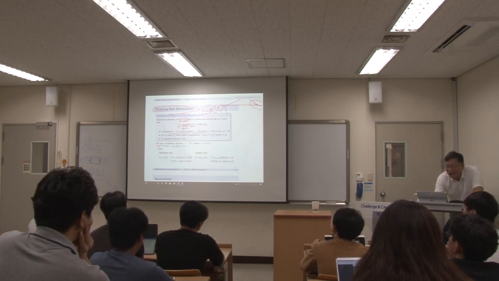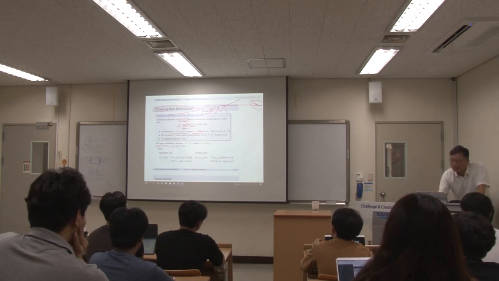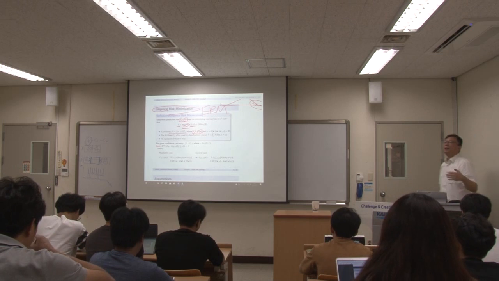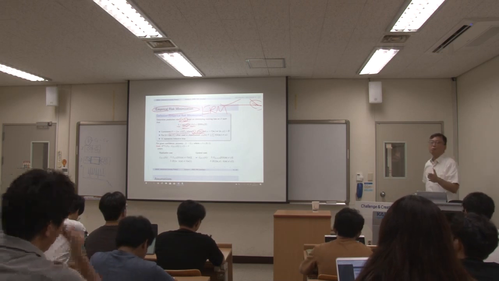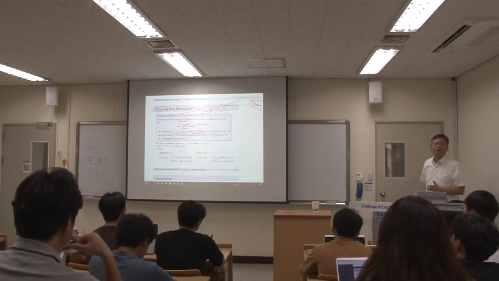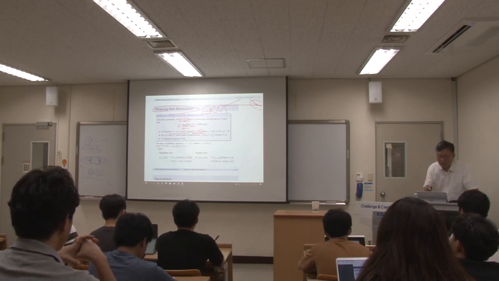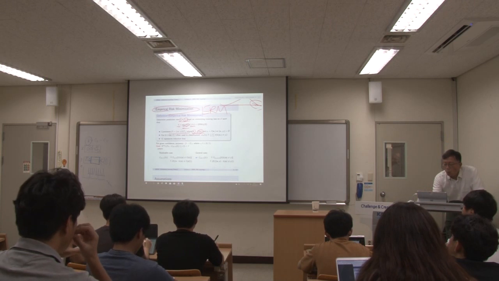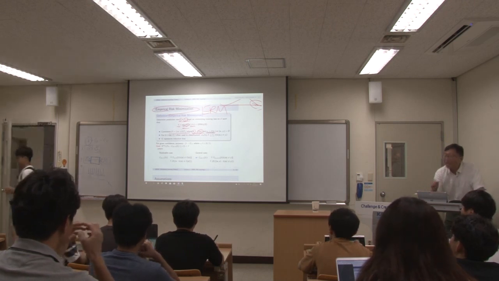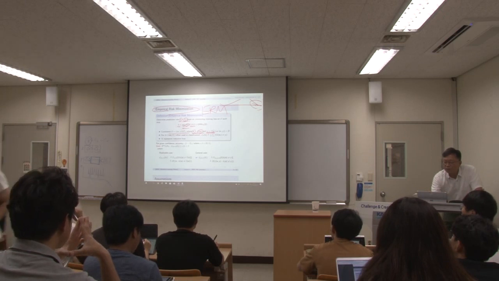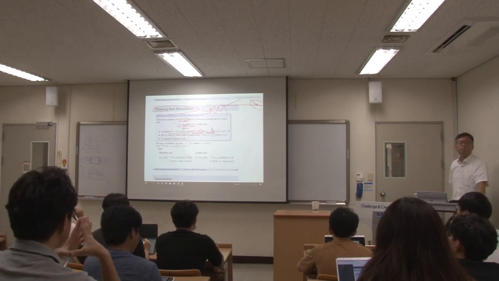For now, I'm going to assume that only X is a random variable, and X follows distribution D. And y_i, the label, is just the output of some deterministic function.